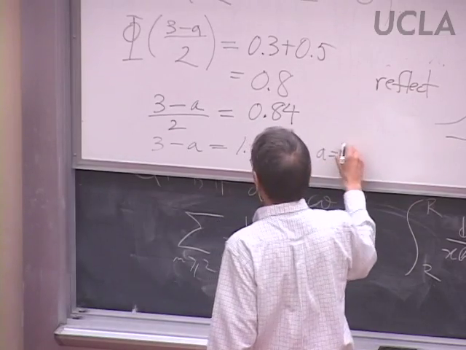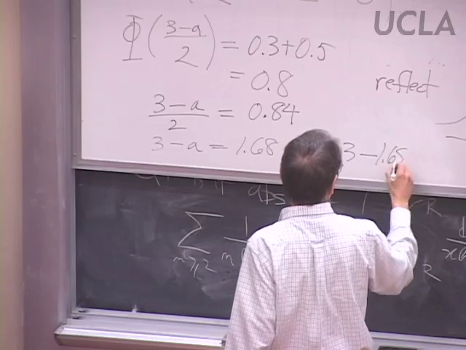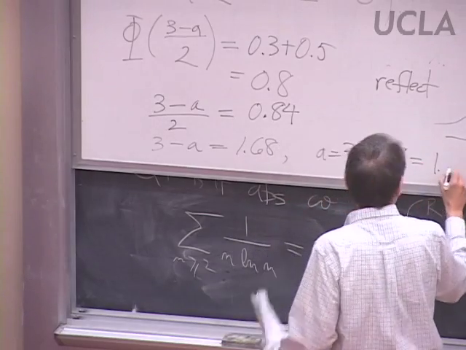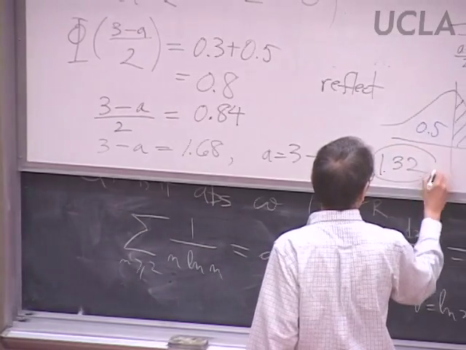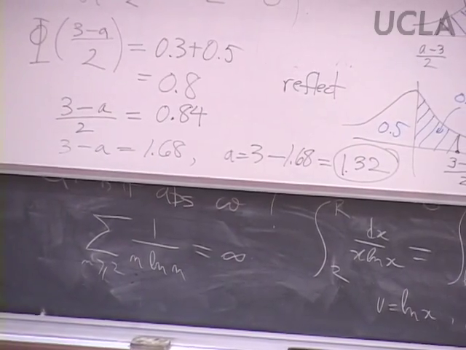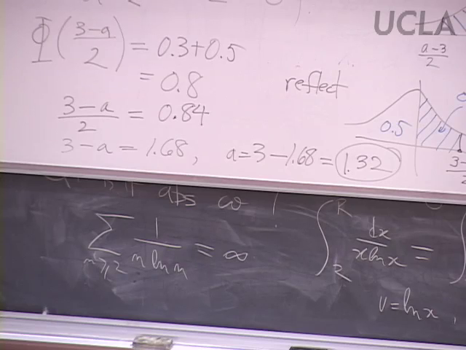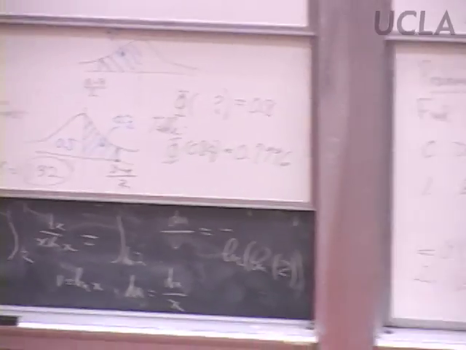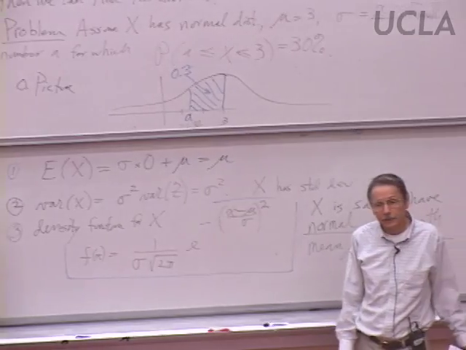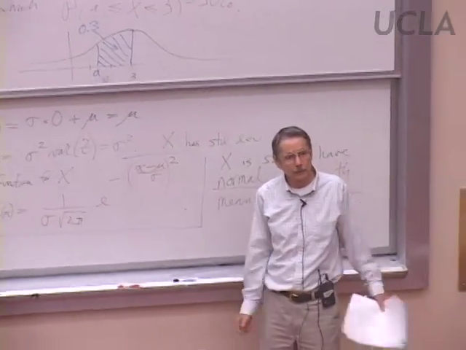So A is 3 minus 1.68, 1.32. Back in the original problem, A turned out to be 1.32. The point is, in that equation where there are 5 things floating around, knowing any 4 of them will let us find the 5th one.